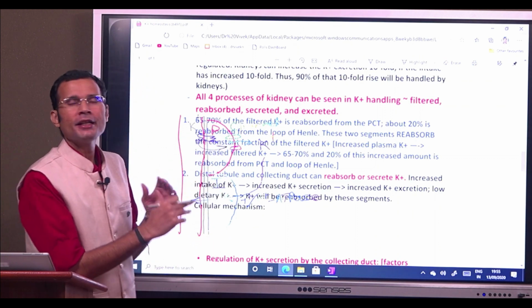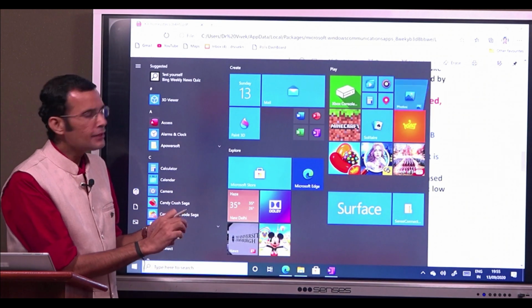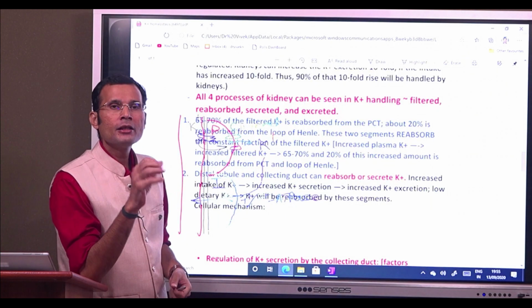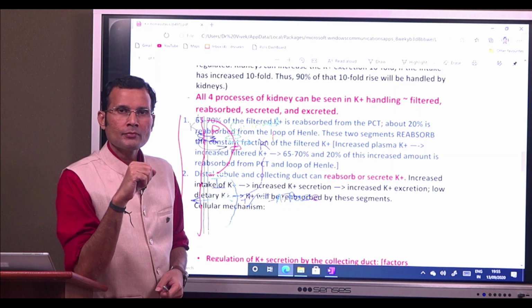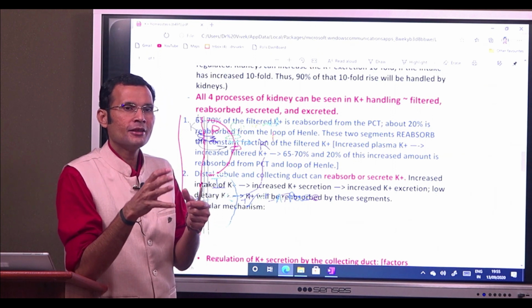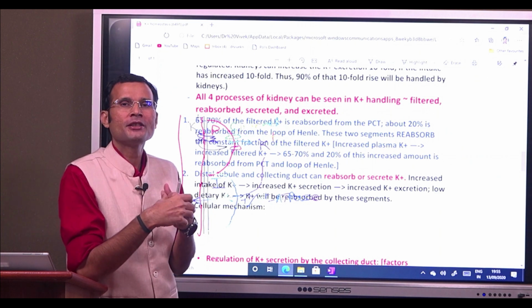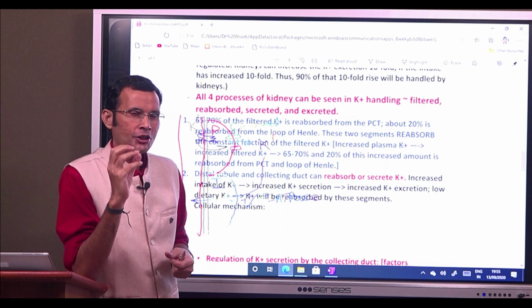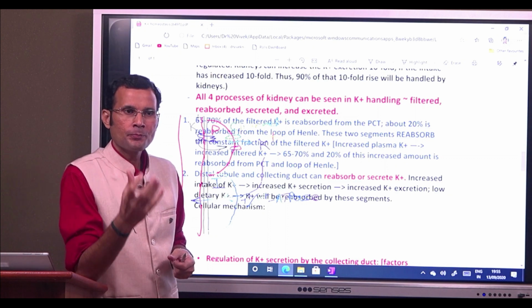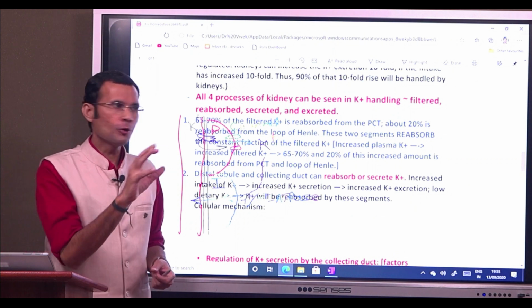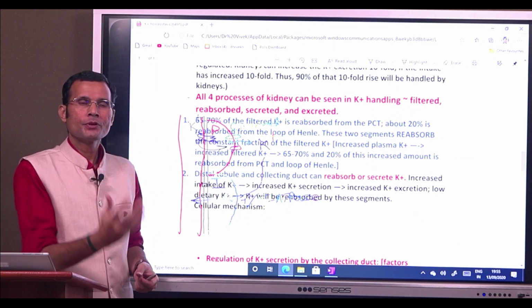Now, just an interesting fact, how kidneys handle potassium. A very interesting fact I would like to mention here is that potassium is one such substance or ion on which all four processes of the kidney take place.